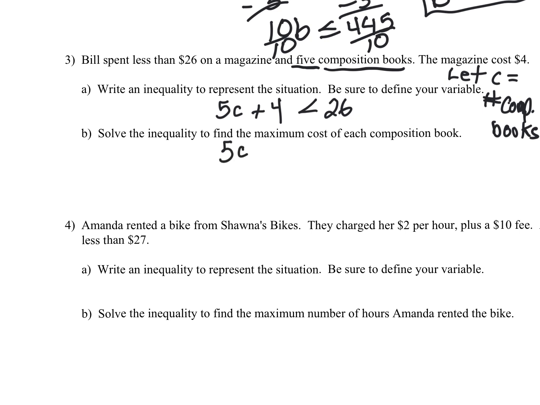I'll rewrite here just so you can see. Now, if we were graphing this on a number line, then we would certainly have an open circle because it says only less than. So we have a boundary at our answer, but we don't include that technically, okay? So I want you to solve that one and then create your inequalities for 4 through 8 and solve them.